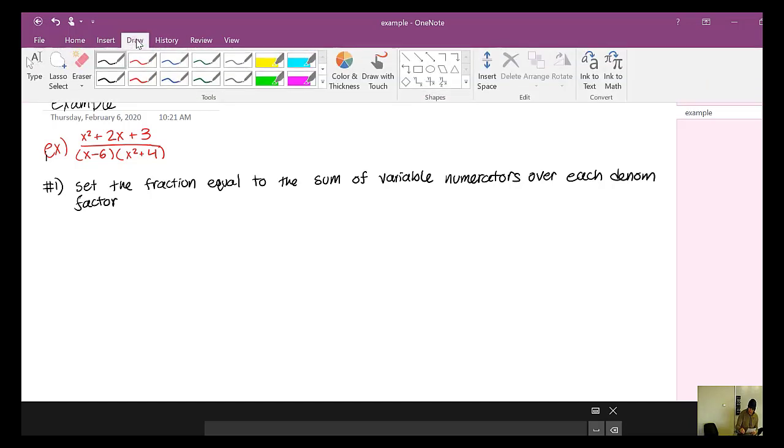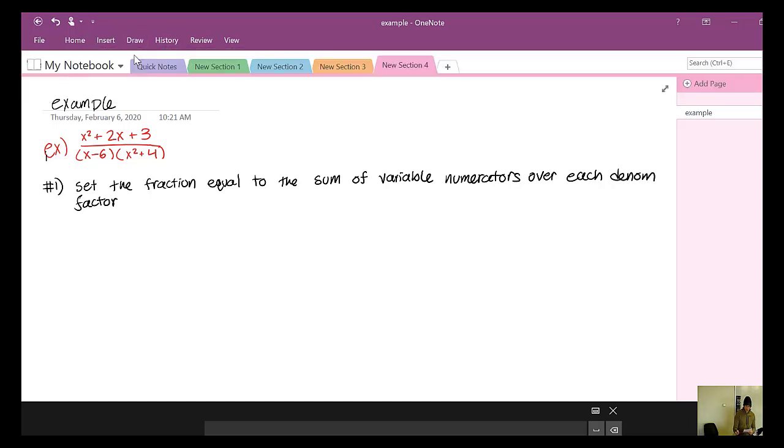This is a bit hard to explain, but imagine that I essentially make a fraction for each denominator factor that I have. So one fraction gets x minus 6, and then the other fraction gets x squared plus 4.